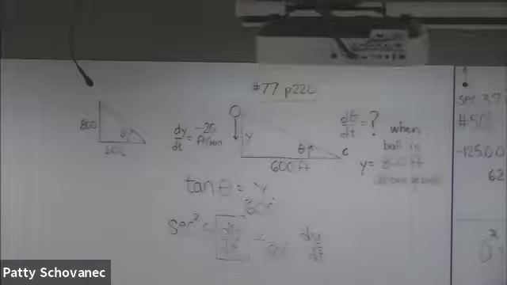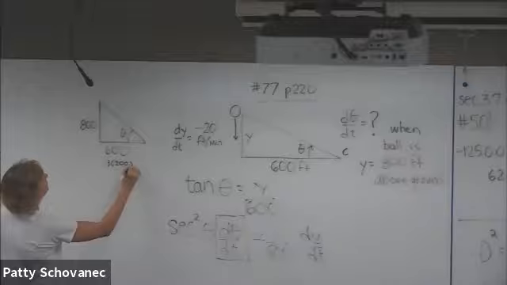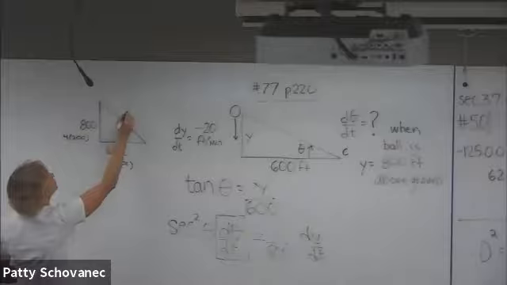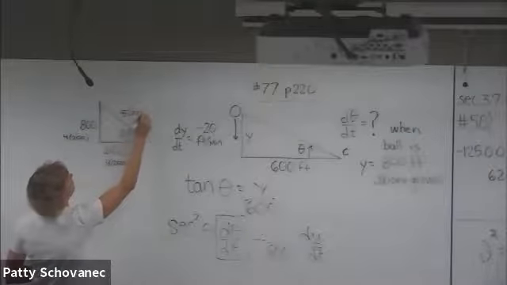Well, secant is one of the close. Might need the hypotenuse. Yeah, would be 1,000? Is this a 3, 4, 5 triangle? That's the question. Yes. This is 3 times 200. This is 4 times 200. So yes, indeed, this is a 3, 4, 5 triangle. This should be a 5 times 200.